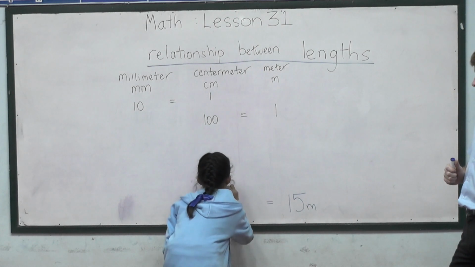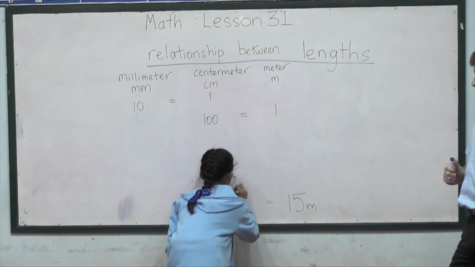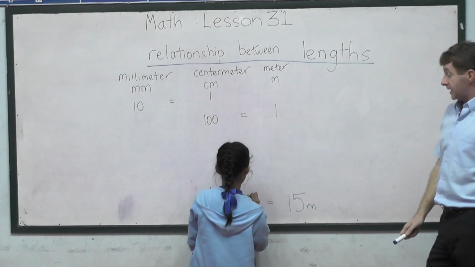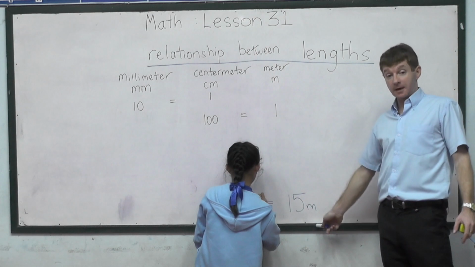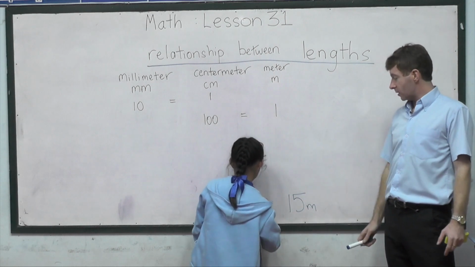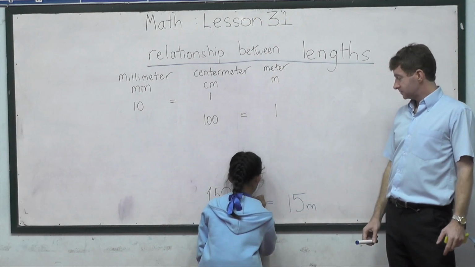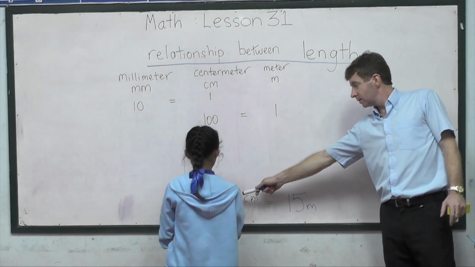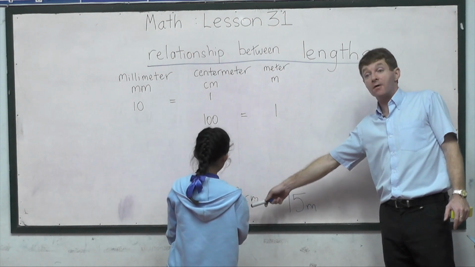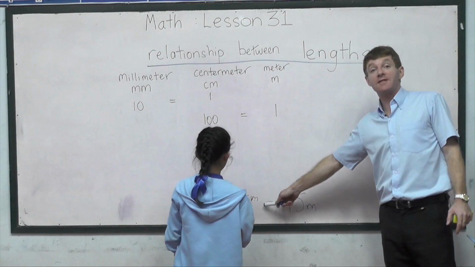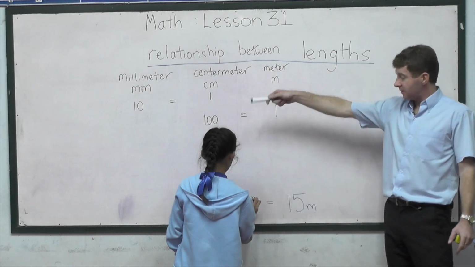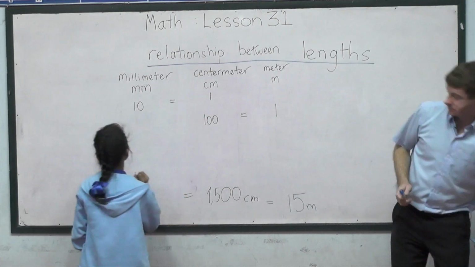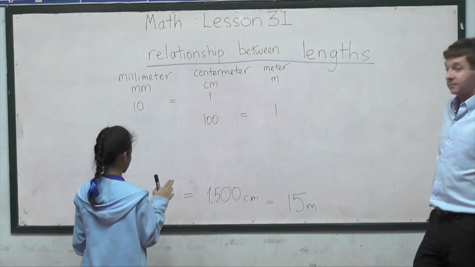Good. And then don't forget cm. So we need to know what we're writing about. So very good so far. So 15 meters is 1,500 centimeters. But how many millimeters? 15,000.